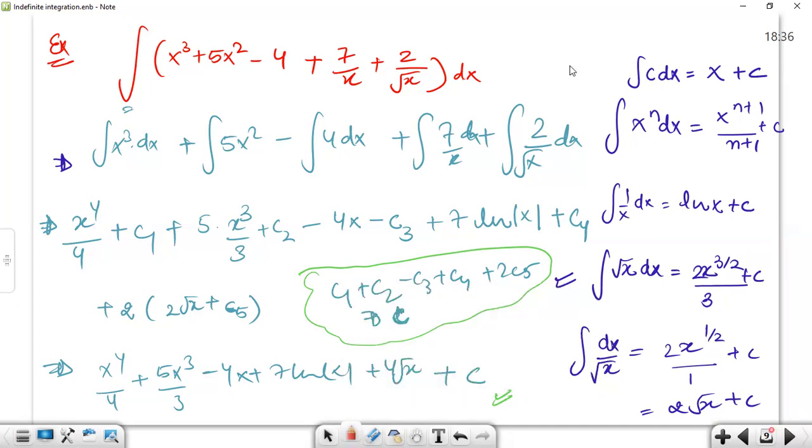Okay, then let's discuss another example. Before going further, please look at the formulas used once again. Observe this. Okay, let's now discuss another example.